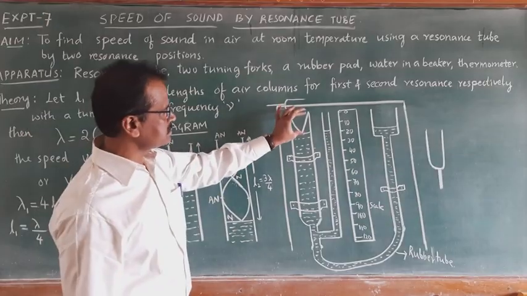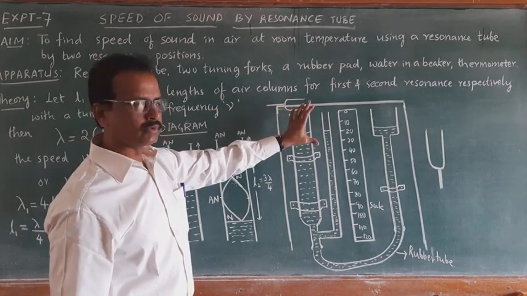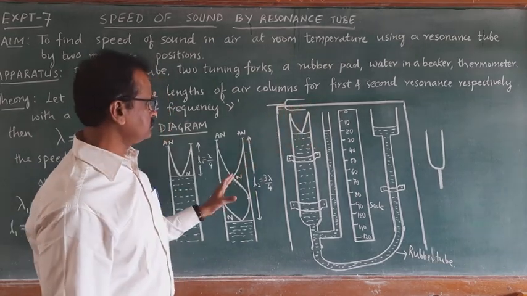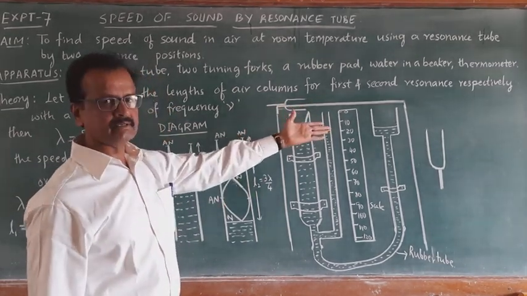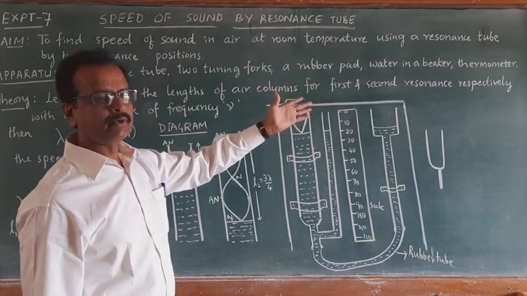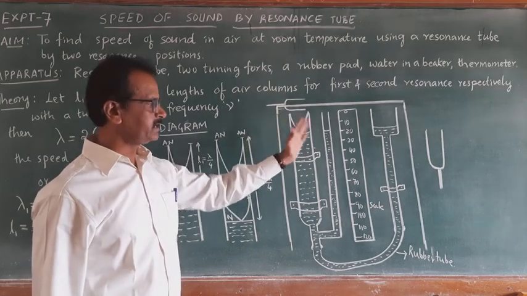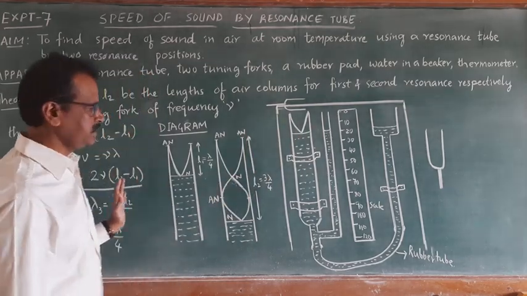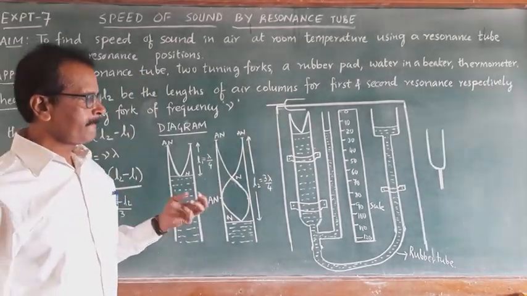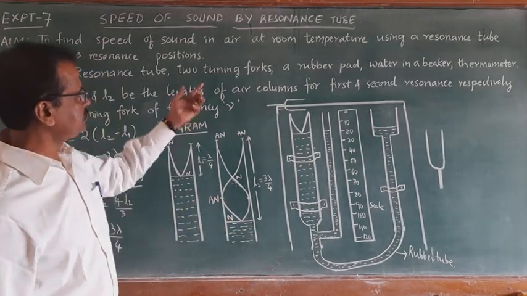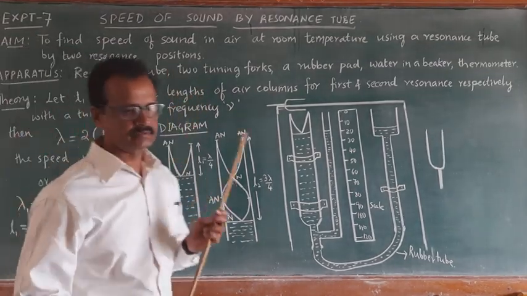For the first harmonic, the length will be nearly 20 centimeter, between 0 to 20 centimeter for different tuning forks, and the third harmonic corresponds to nearly 60 centimeter, 3 times. Let us see this experiment by verifying with the help of the given tuning forks.